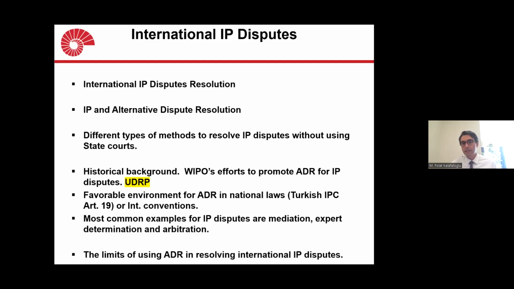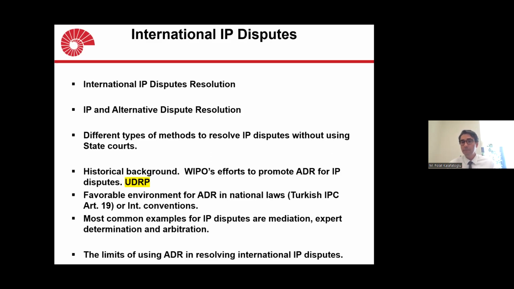Another example is the UDRP, for instance. UDRP is a typical, specifically designed ADR method for internet domain name disputes. So trademark infringement, online trademark infringement, with the use of internet domain names.